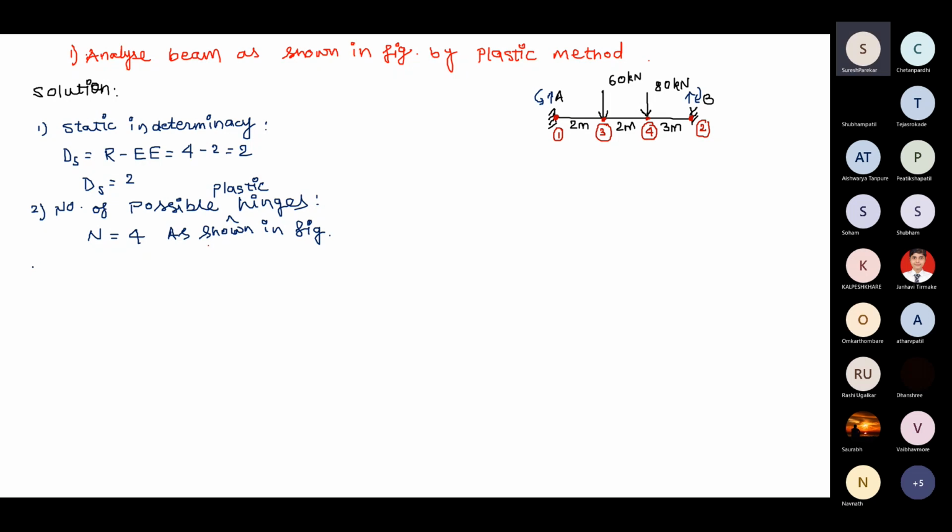Then we have third, number of plastic hinges required for collapse. So we have small n is equal to Ds plus 1, Ds is 2, 2 plus 1, 3.